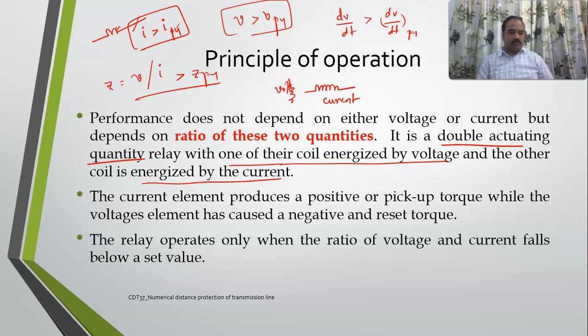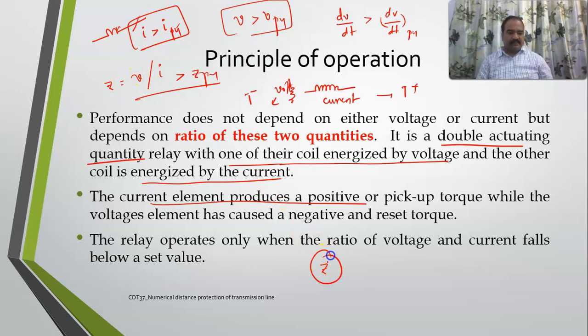So two coils will be there in the distance protection. The current element produces a positive pickup torque, T plus, whereas the voltage element develops a T minus, or a reset torque. The relay will operate only when the ratio of voltage and current falls below a set value.